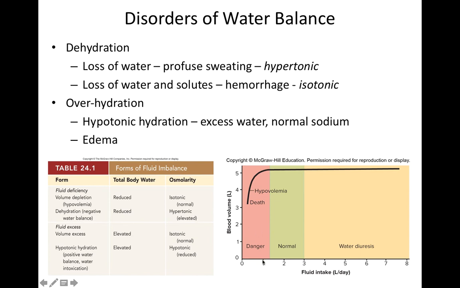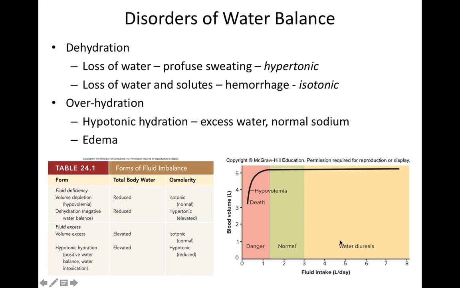So if we're over here at less than a liter of fluid intake a day, really low, we'll die. Our kidneys can't compensate for not enough water. As we increase the volume of water, we can sort of move out of this danger zone into what would be normal. But see what happens to this line? Blood volume peaks. And then it doesn't matter.